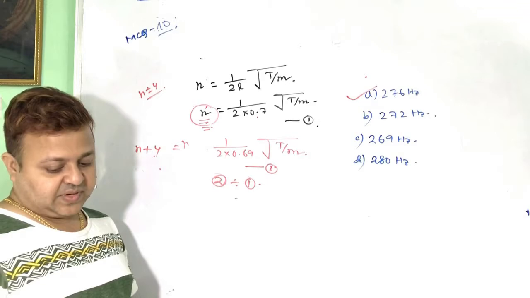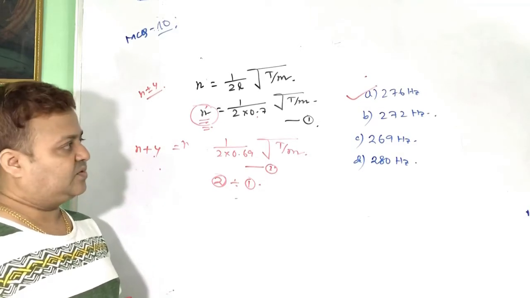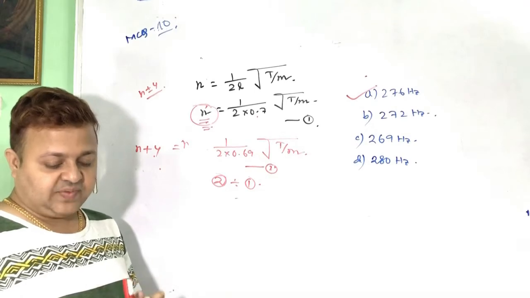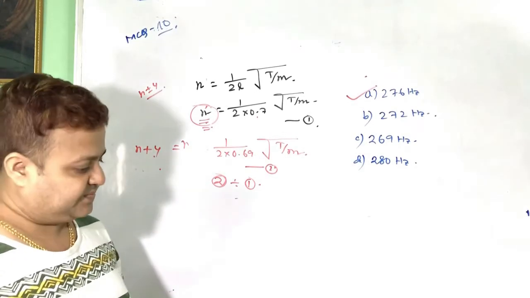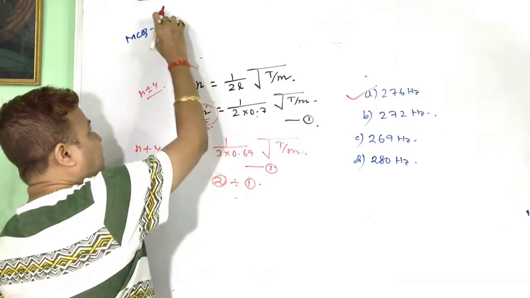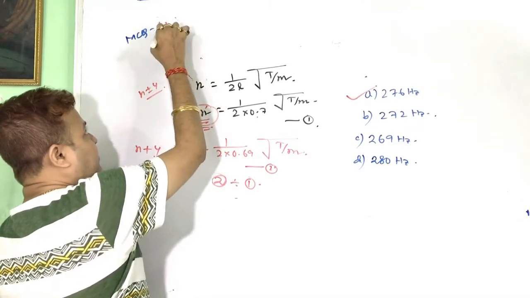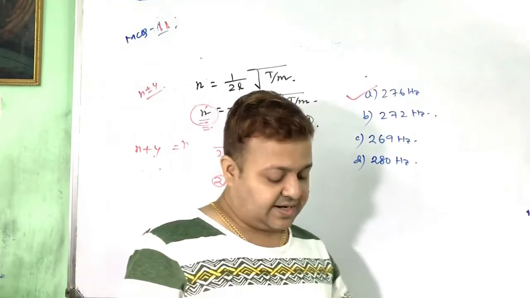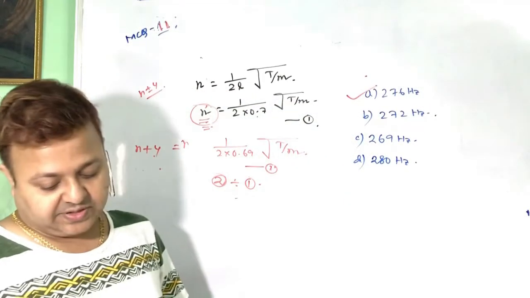Next number 11, calculate করুন। Two perfectly identical sonometer wires are in unison.